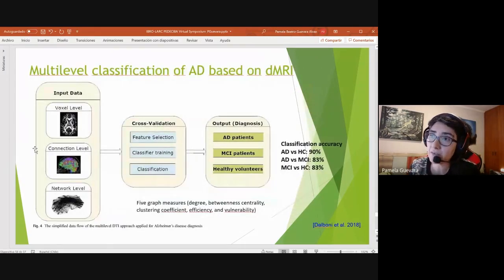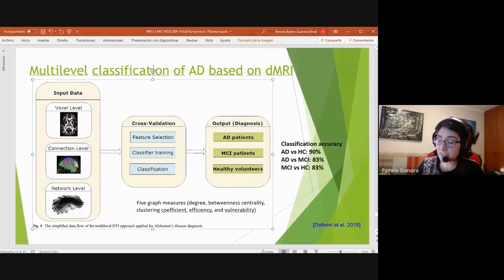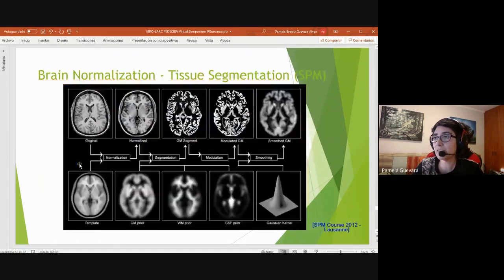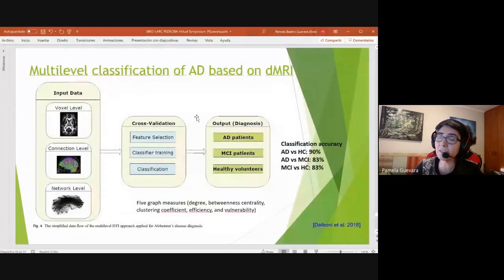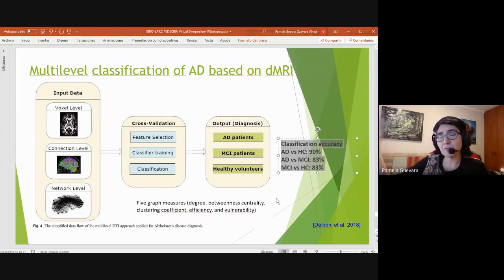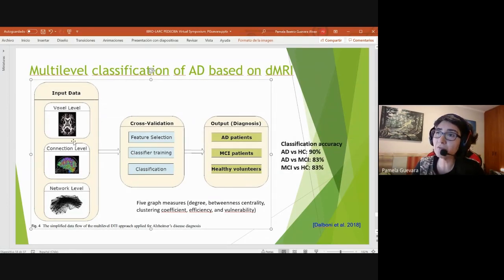You can also extract information directly from the connectivity matrix, from the connectome, and a third level using, for example, the network features extracted from the connectivity matrix. To all that you can apply a machine learning approach to classify. This work was more accurate than the preceding work because it included more information, not only the network metrics, but also other information from the brain.